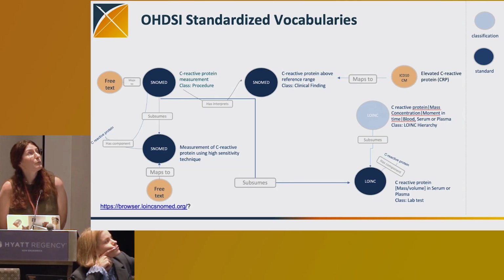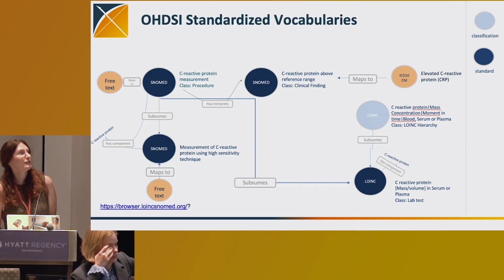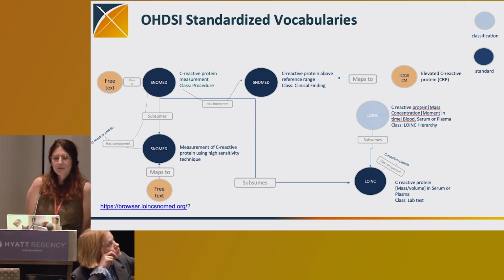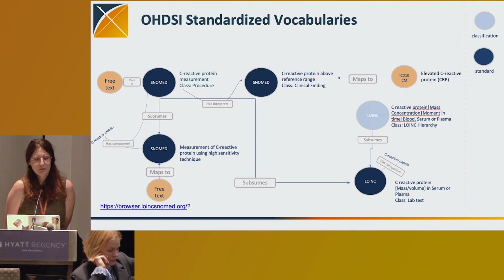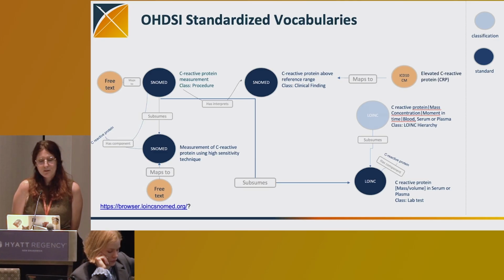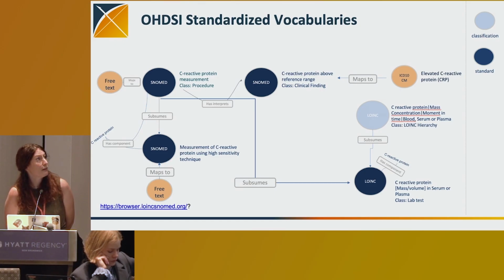In this way, we map your source data to these standard concepts, and depending on what you have in your sources, we may map them to the SNOMED procedure of lab test. It would be measurement domain, but still a procedure of lab test, which is a high-level concept. If your source contains more specific data, we may map it to LOINC.